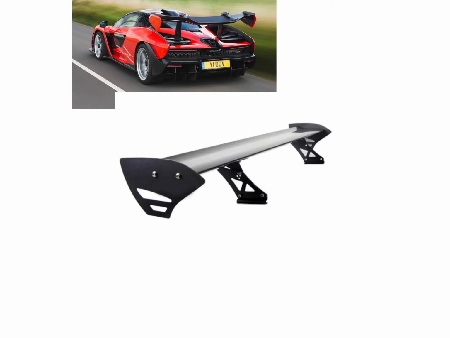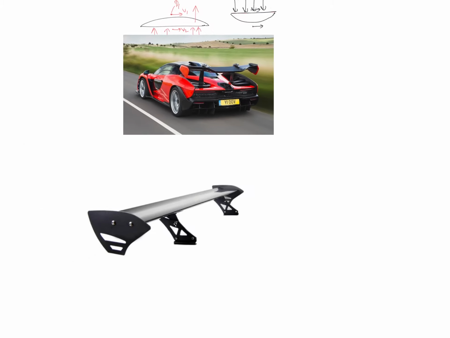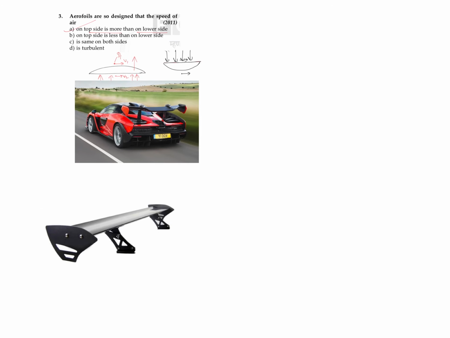If you observe the spoiler, it is something like this. It is kept in the reverse way compared to the aerofoil in an aeroplane. In an aeroplane we keep the aerofoil like this, but in a spoiler we keep it like this.